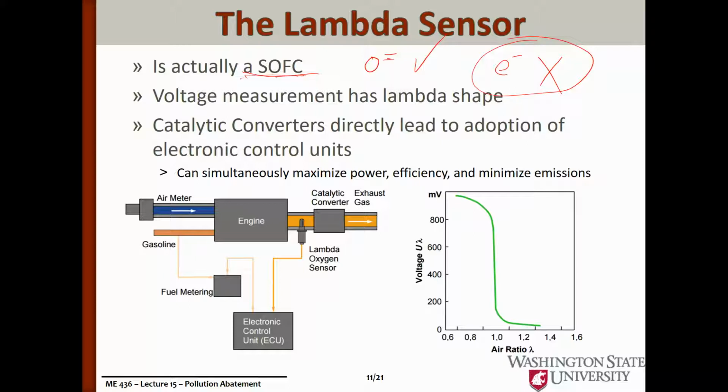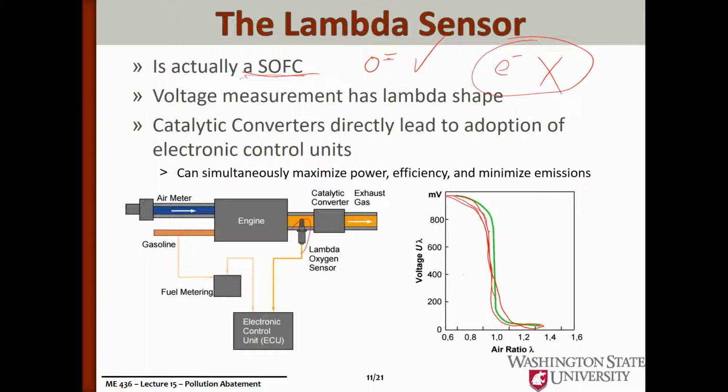And what we get when we plot the voltage of this sensor as a function of the air to fuel ratio, we get this shape. Kind of looks like a lambda, the Greek letter lambda. So we called it a lambda sensor.